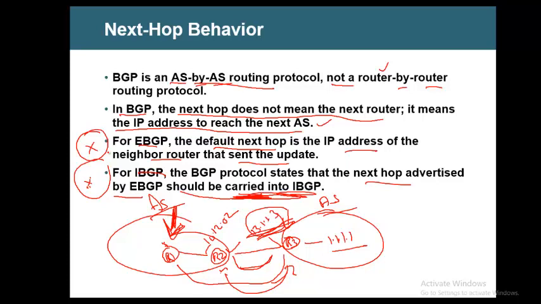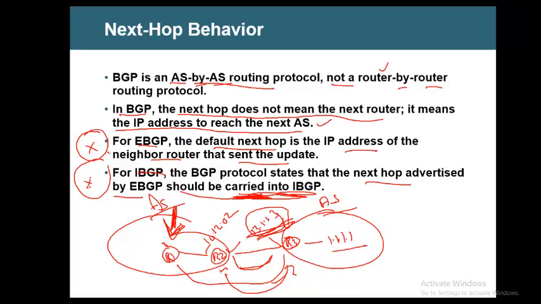For eBGP, the default next hop IP address. Yeah, I understand. What I understand is, because here I can see R3 is in one autonomous system and R1 and R2 are in another autonomous system.